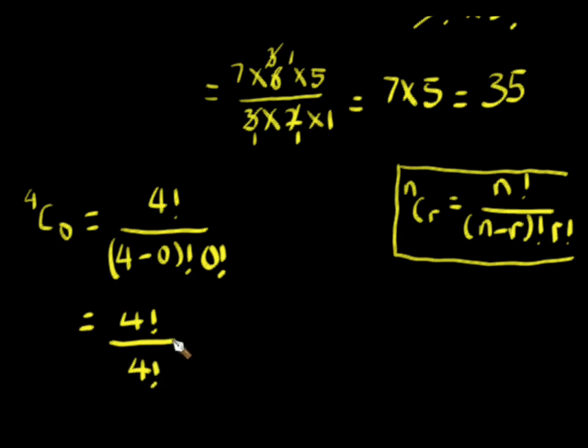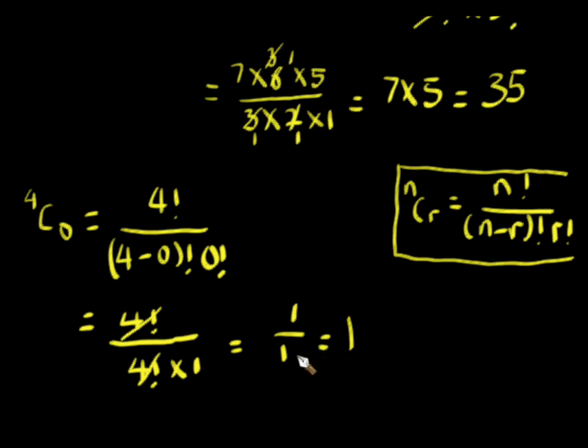And in our previous video, we were able to prove that 0 factorial gives us 1. So check out that video if you don't understand that, okay? So 4 factorial cancels out 4 factorial, and in the end we are left with 1 over 1, which gives us 1.